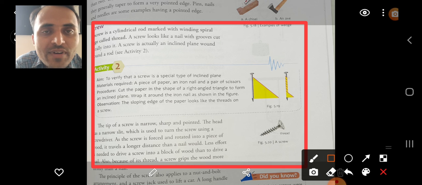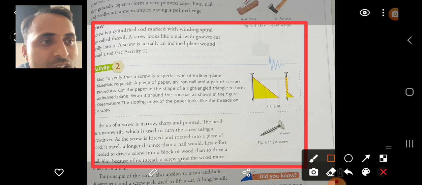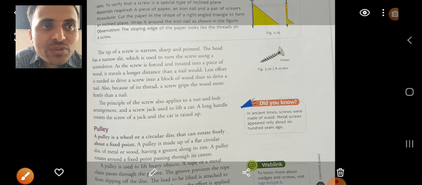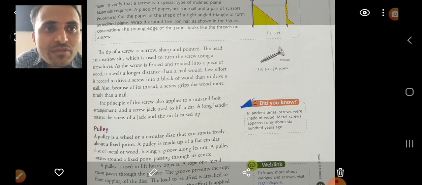Okay, and finally wrap it around the iron nail as shown in the figure. So see the two different figures, and in the second figure we are wrapping the paper along the length of that nail, and that nail is looking like the screw. Okay, so the observation is the sloping edge of the paper looks like the threads on a screw. You can also see the diagram of the screw and the special design used on its length.